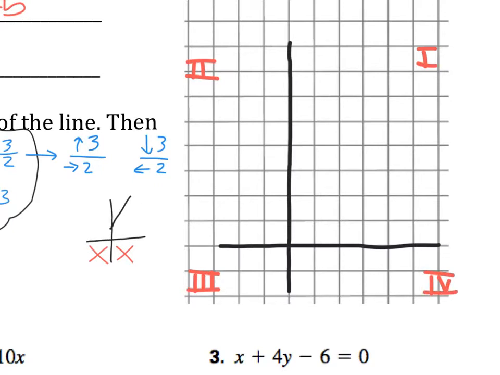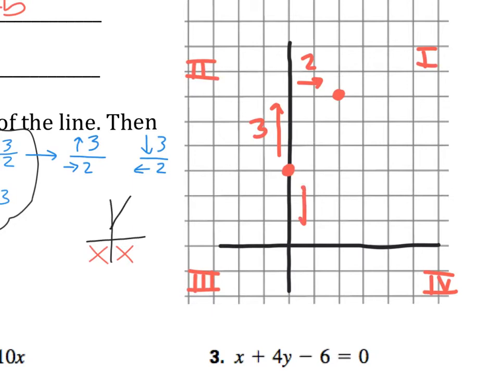So remember, the b tells me to begin at 3, so I will. Here is my 0. Here's 1, 2, and so here's my beginning 3. So right there. Then the instructions tell me to go up 3, 0, 1, 2, 3, then right 2, 1, 2. So that means I can place the next point there. In other words, I go up 3, right 2. Now remember, I could have done it the other way around.